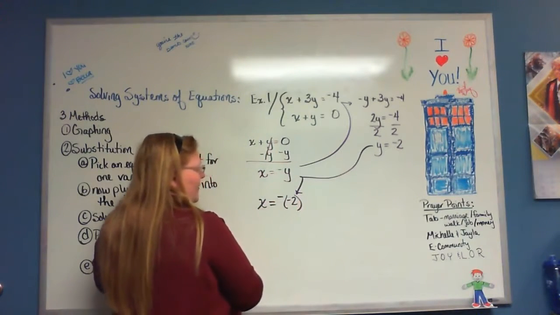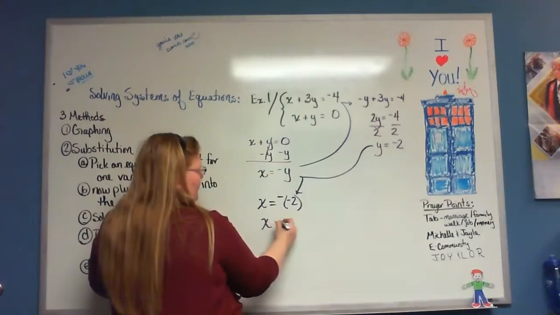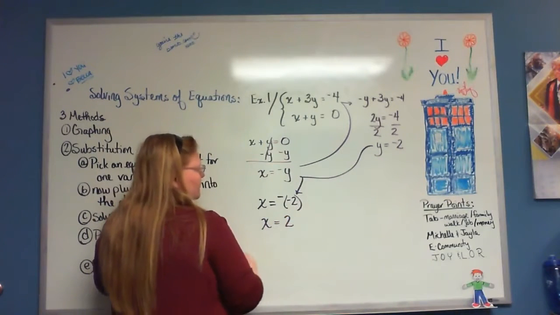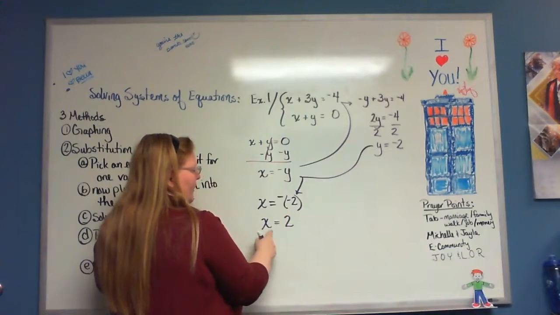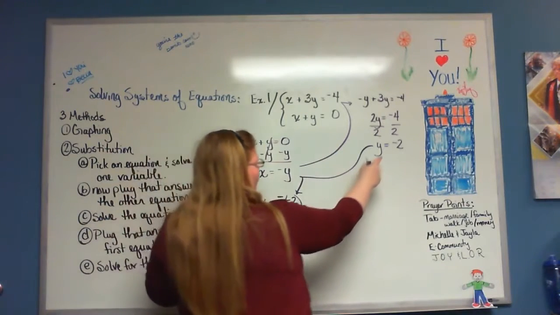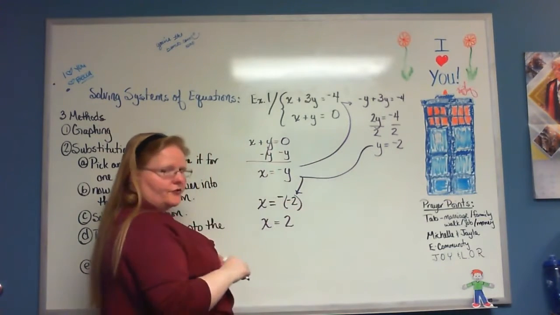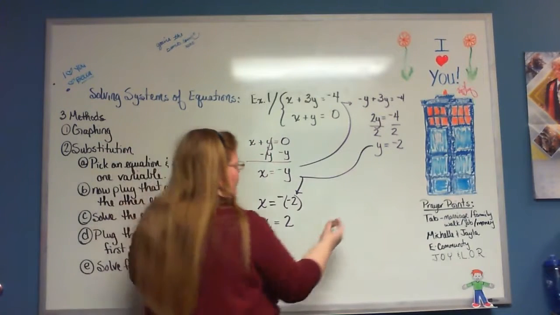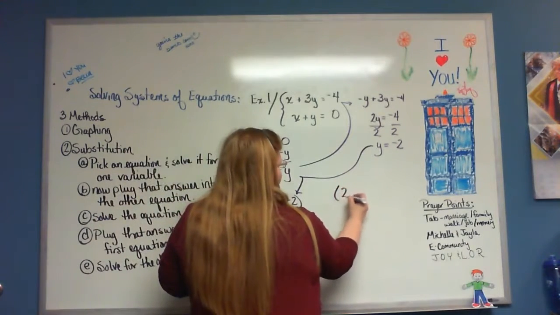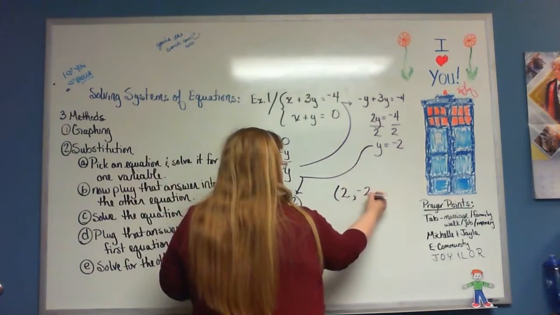I just plug it into that. And you get that x is equal to a positive 2. Well, now we know what x is, and we know what y is, so we can write our answer now. Our answer is 2, negative 2.